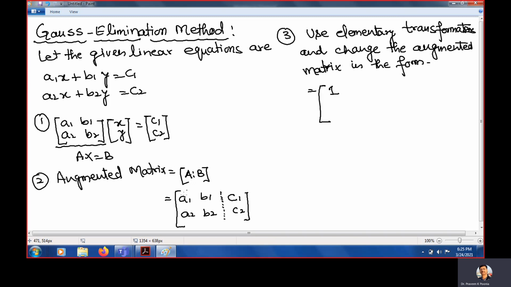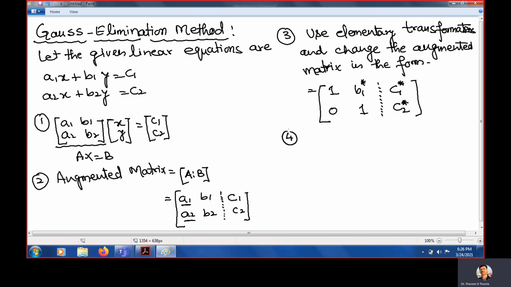Here we will keep 1: this a1 will change into 1, this a2 we will change into 0, this b2 we will change into 1, and here there will be some other number, let us say b1 star will come. And during these changes, these numbers may change, c1 star and c2 star. Another number will appear here. This is step number 3.